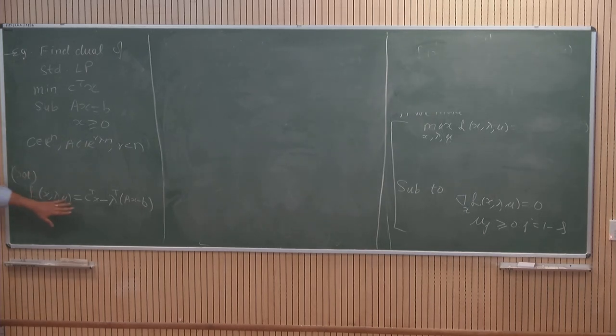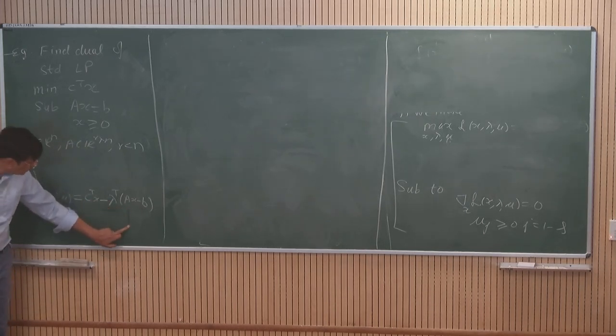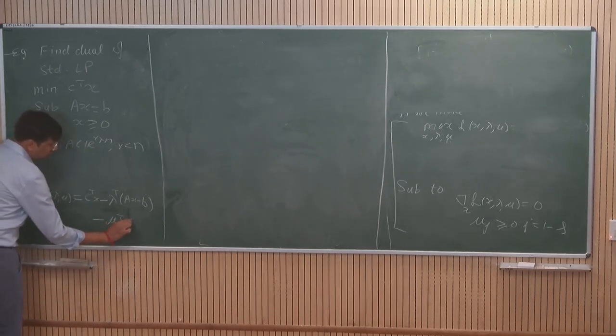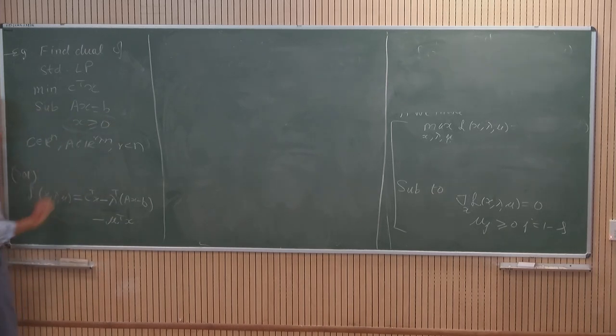When you put it in a vector form, it's lambda 1 through lambda r, and these are all the rows. Summation. And minus mu transpose x. The constraints are just x's here. Mu1 x1, mu2 x2 till mu n xn. And I've written it in a vector format again, mu1 to mun, x1 to xn. Can everybody see this? Okay.